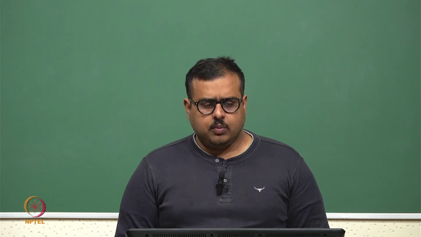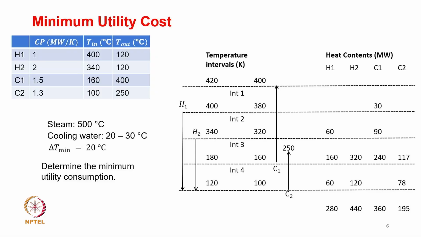So now let's look at the problem again. These are the same streams that we have learned before. You have two hot streams and two cold streams as we see here. The Cp values are shown in the table, and H1 comes in and goes out at 120, H2 comes in at 320 degrees C and goes out at 120 degrees C, while the cold stream C1 is heated from 160 degrees C to 400, and C3, the second cold stream, goes from 100 to 250.